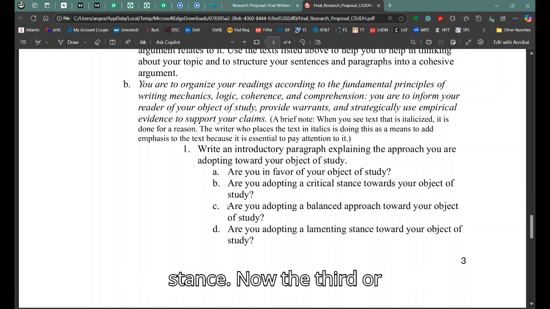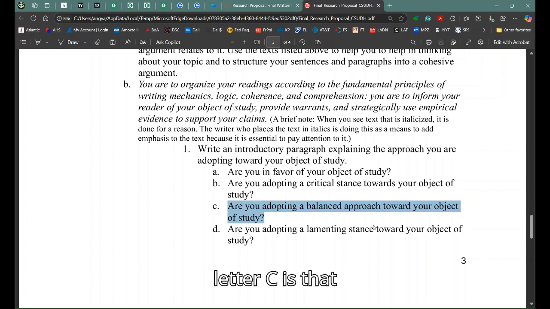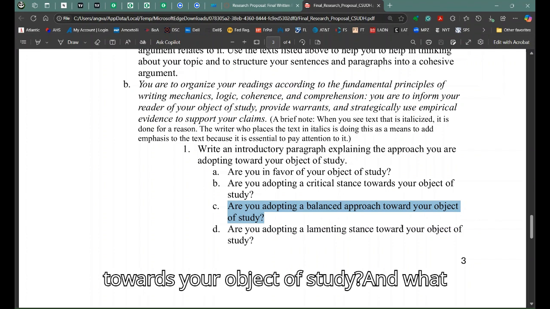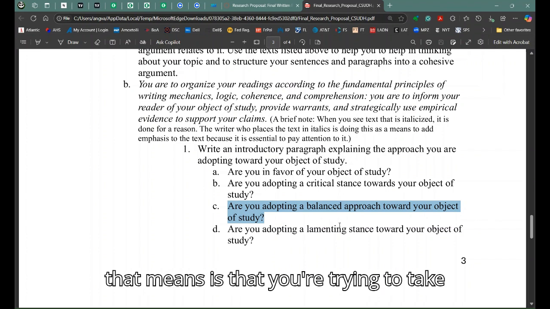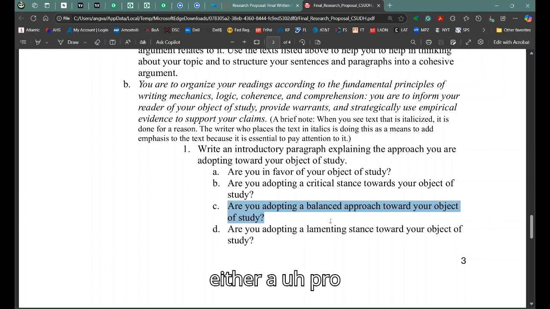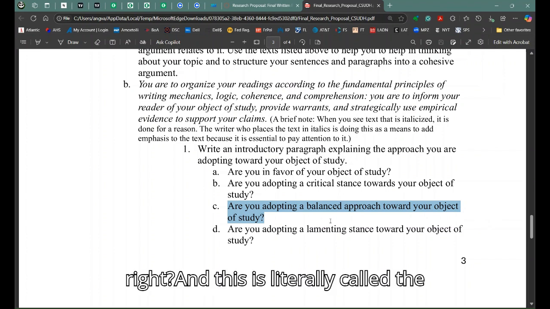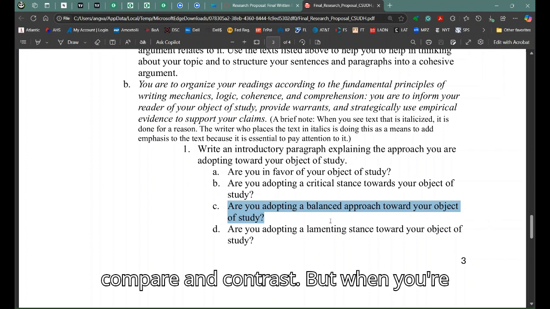Now, the third, letter C, is: are you adopting a balanced approach towards your object of study? What that means is that you're trying to take either a pro or con, or benefit and cost analysis of a particular issue, right? And this is literally called the compare and contrast.